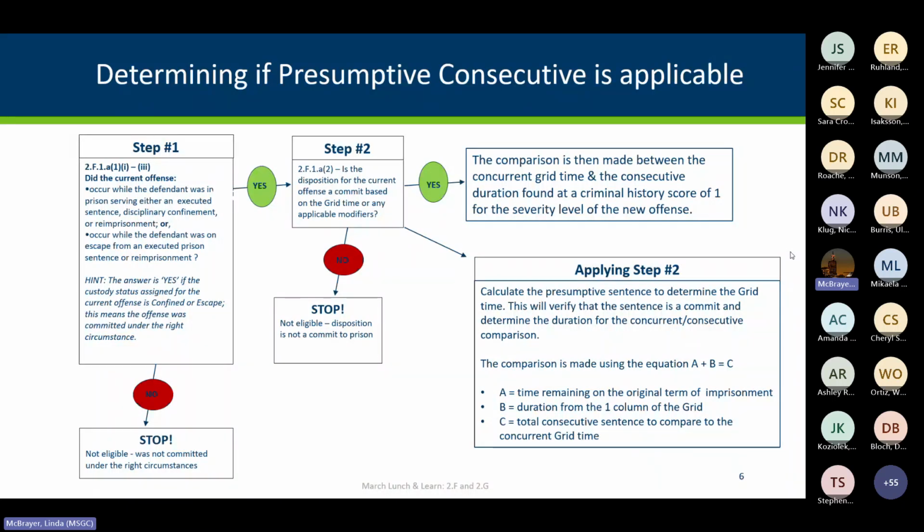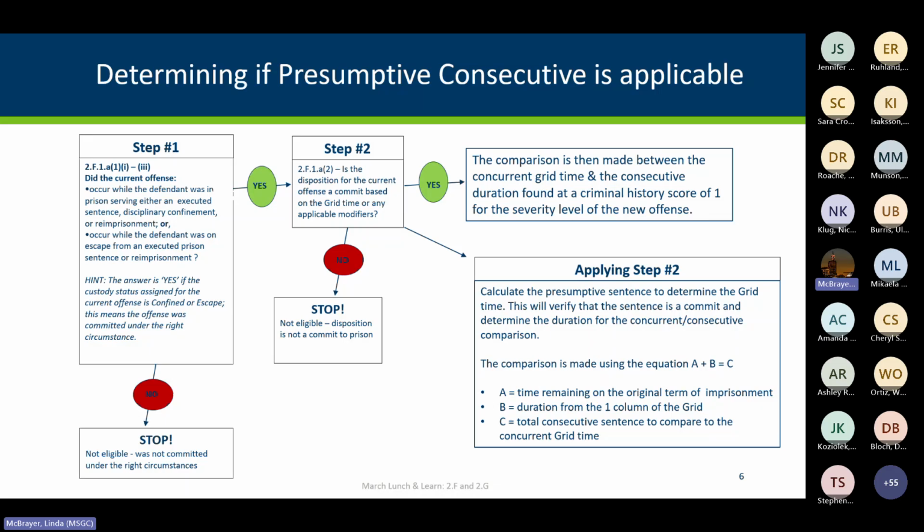So, with respect to determining whether or not it is applicable, the first step is establishing where the current offense occurred. Because the current offense has to occur while they are in prison or while they are on escape from an executed prison sentence, which means, because you're already doing a worksheet, if the custody status is assigned as confined or as escape connected to a prison sentence, they meet the criteria.